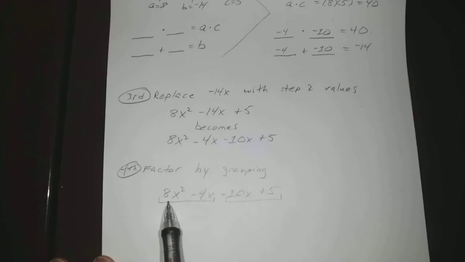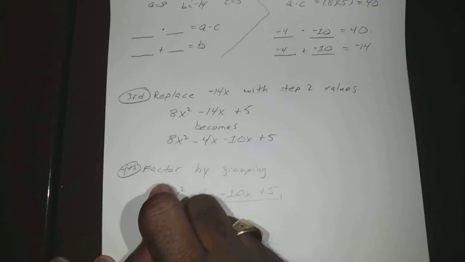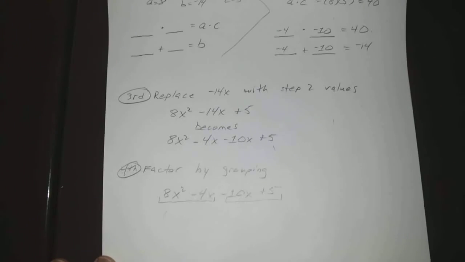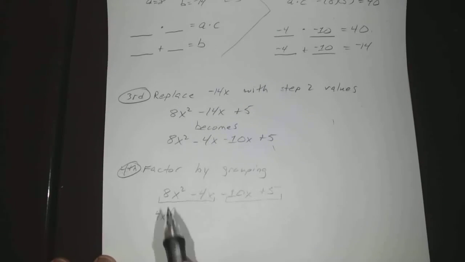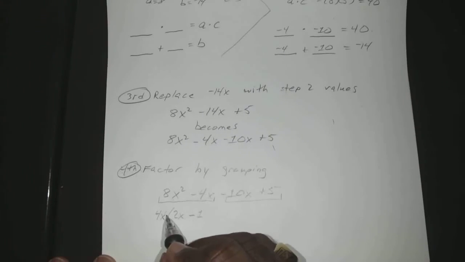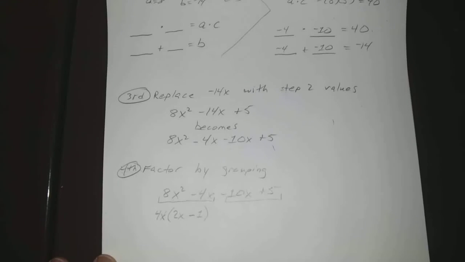So for this one, you can factor 4x out of both. So you have 4x, so 4x times 2x will give us 8x squared, so we know our 2x goes here. And 4x times negative 1 will give us negative 4x. Okay, so we have that there.